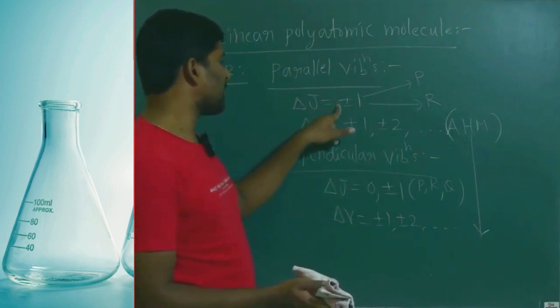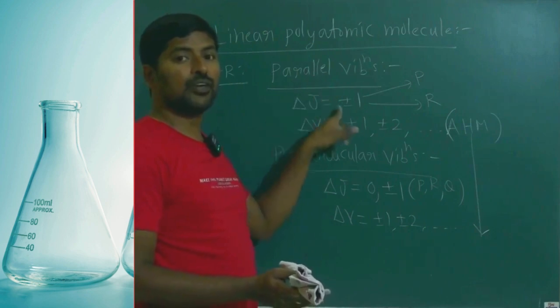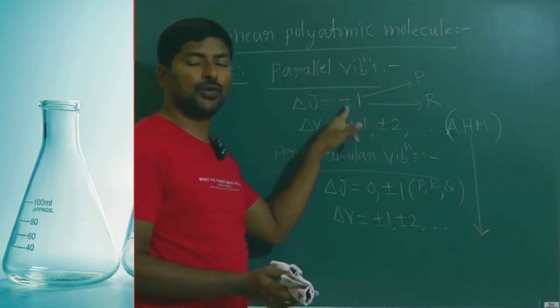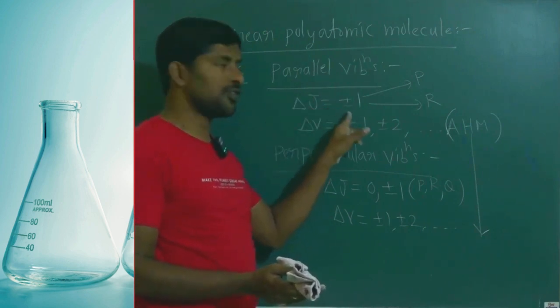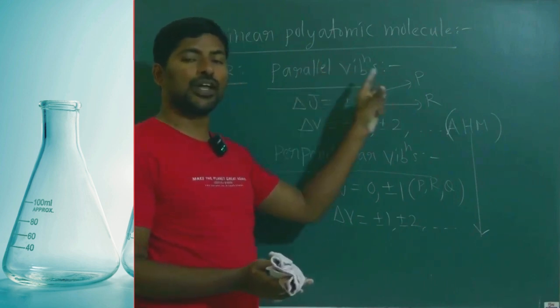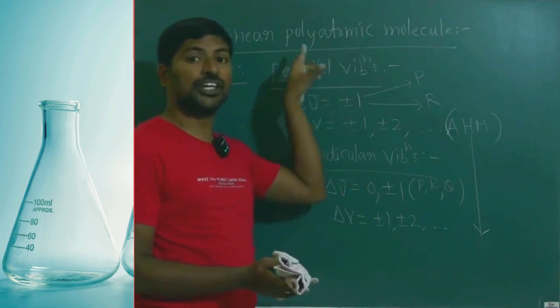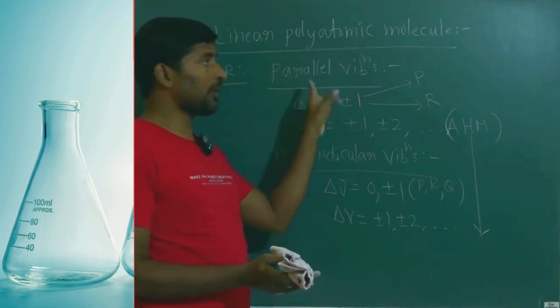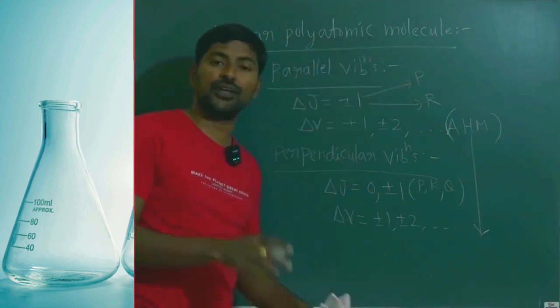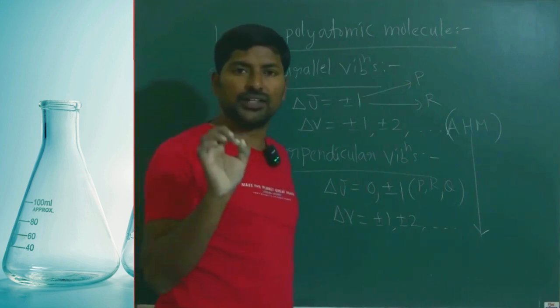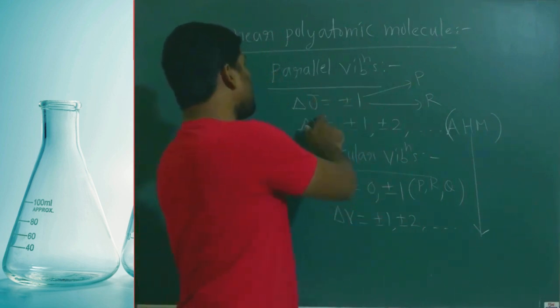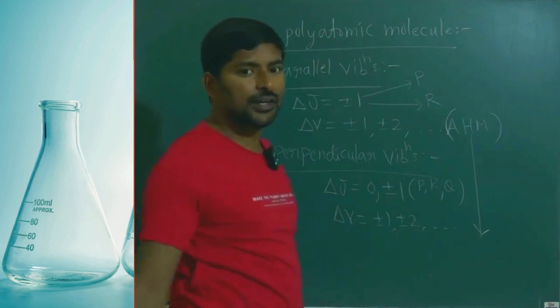For them we will get delta J equal to 0 also, even for parallel vibrations. So for other molecules, Q branch lines are present for parallel and perpendicular vibrations. But for linear molecules, for parallel vibrations, Q branch lines are absent. That indicates that if Q branch lines are absent, then such a molecule corresponds to a linear molecule.